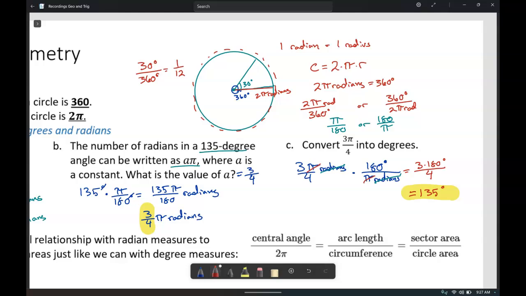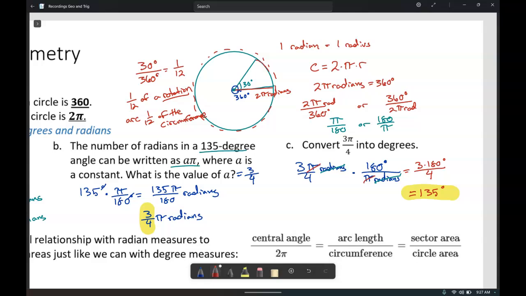Well, if we rotated 1/12 of the circle, then we've also rotated and created an arc that is 1/12 of the circumference.